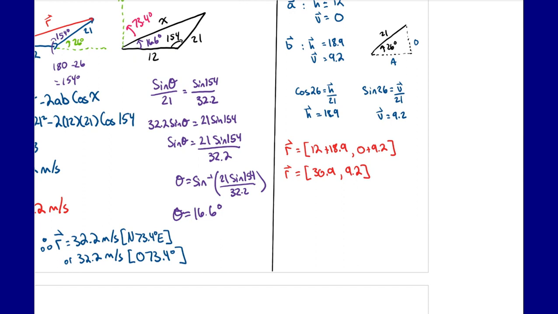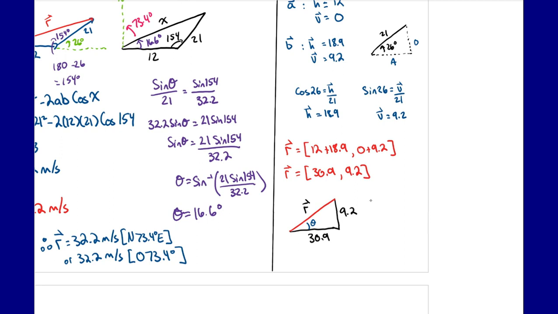Now I don't have the degree yet, but I can determine that by creating another triangle. I know the horizontal is 30.9, the vertical is 9.2, right, for my resultant, and I can figure out what the angle is. So this is, again, my resultant. And I can figure out what this angle is of that resultant.